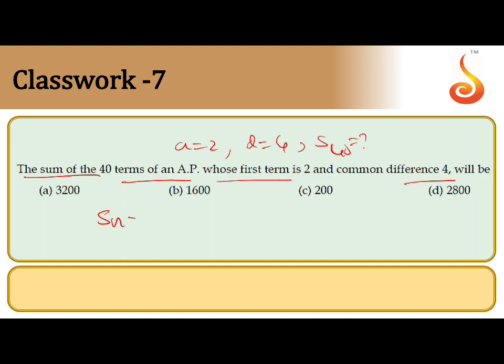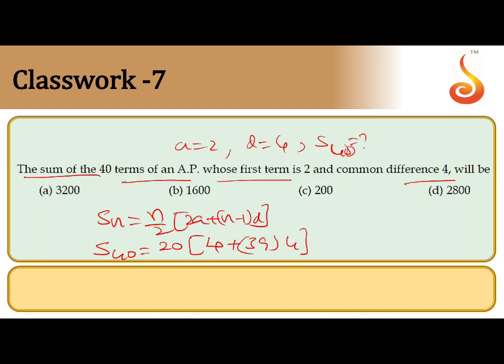So you have the formula for Sn: n by 2 into (2A + (n − 1) into D). You want S40. S40 equals 40 by 2, which means 20, into 2A; A is already 2, so 2 into 2, 4. Then 40 minus 1 is 39 into D, which is 4.